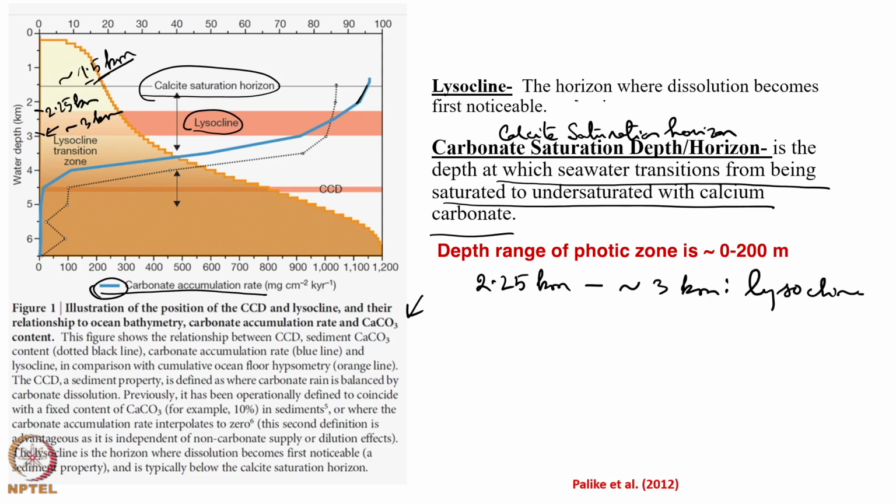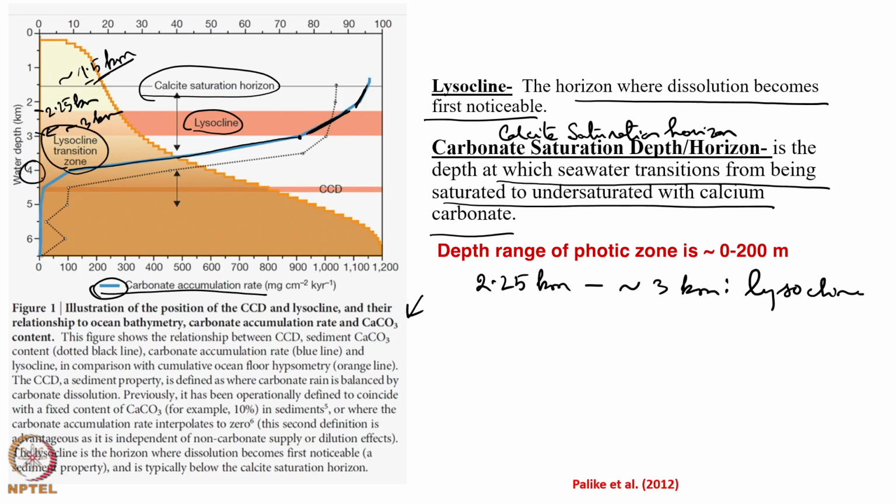What is that? It is a horizon where dissolution becomes first noticeable. Dissolution was happening here, but then within this zone the curve shows a fall and the dissolution has happened. As one crosses the lysocline, the dissolution becomes more rapid, and below the lysocline is the lysocline transition zone.